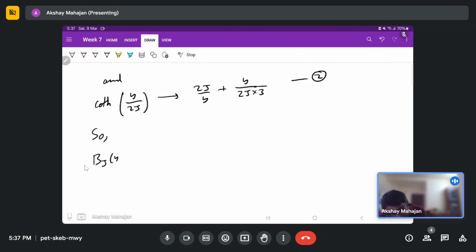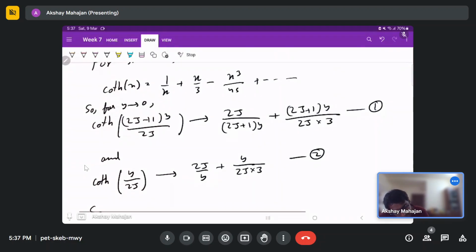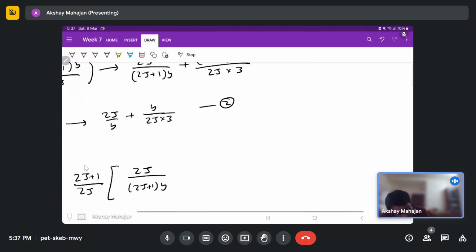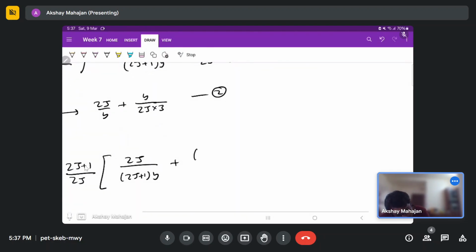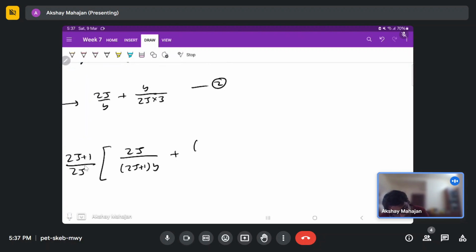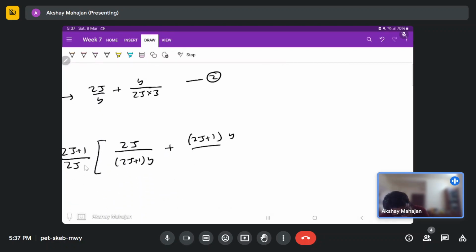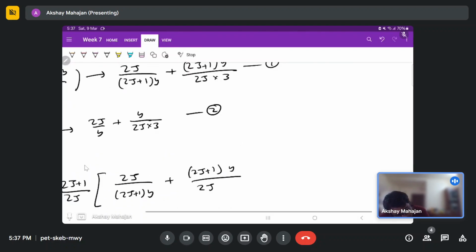So this b_j of y will be equal to (2j+1) upon 2j times, from the first term, 2j upon (2j+1)y, plus (2j+1)y divided by 2j times 3.